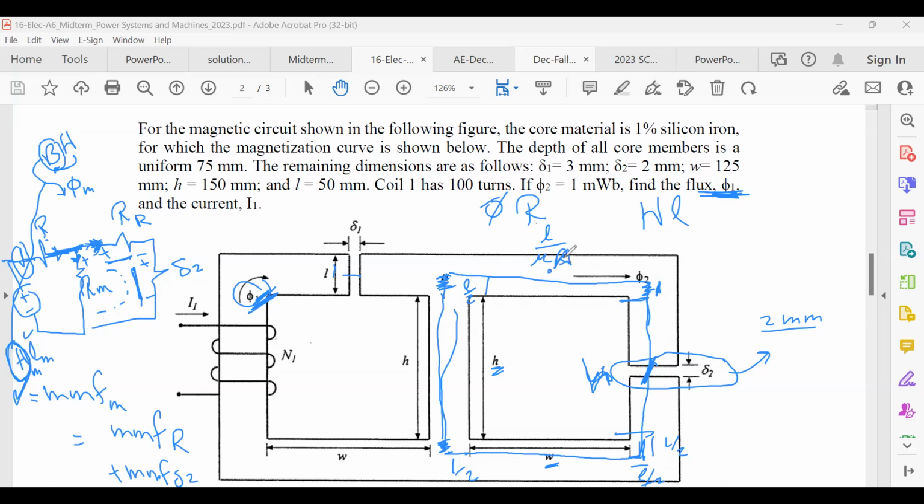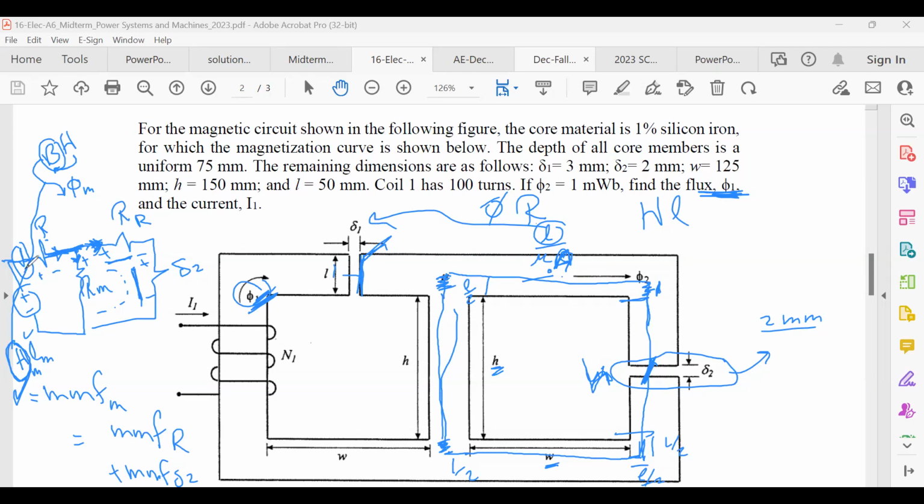Sorry, mu A. L is the delta 1 area. All areas here are 50 times 75. Mu naught is 4 pi times 10 to the power minus 7. Okay, so you have the MMF of the air gap.